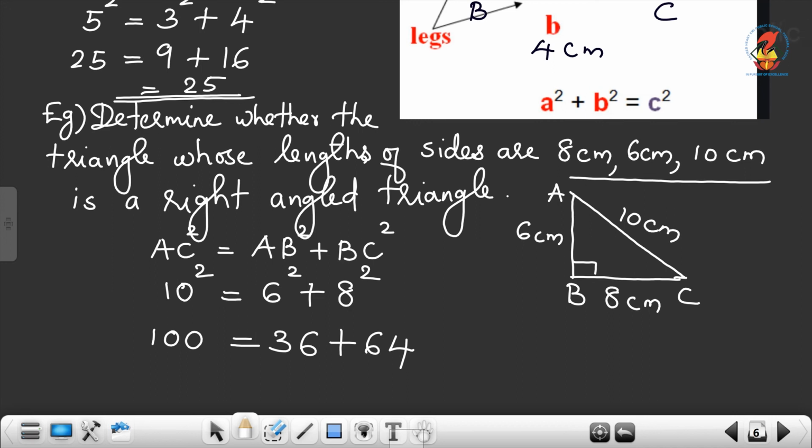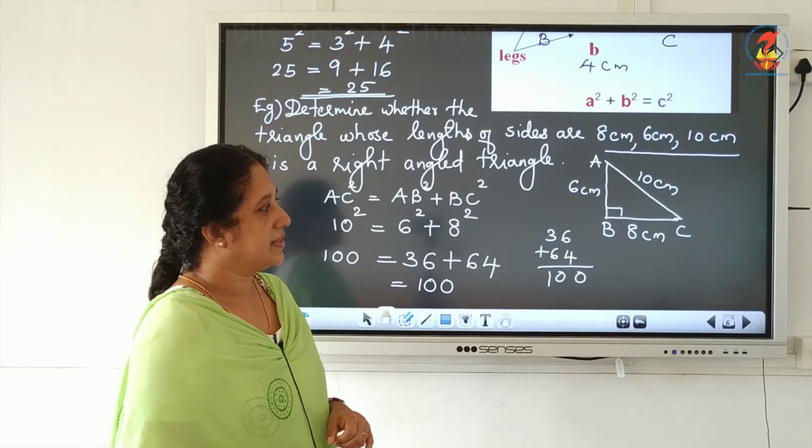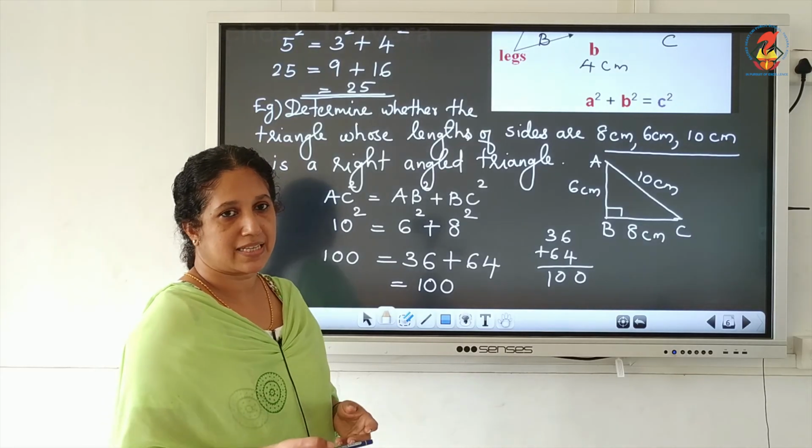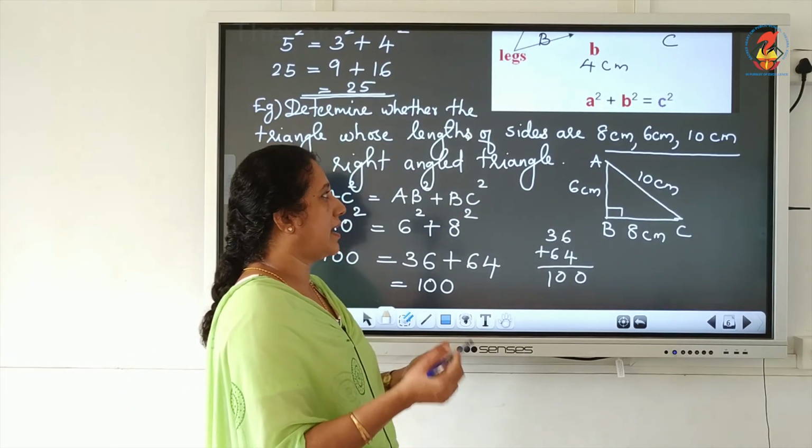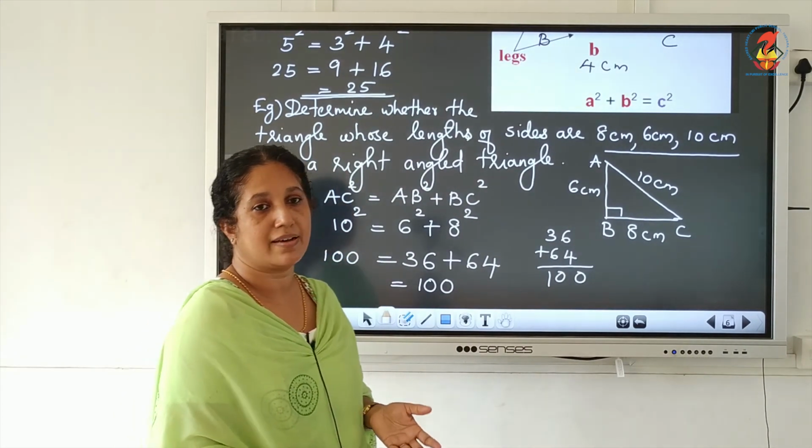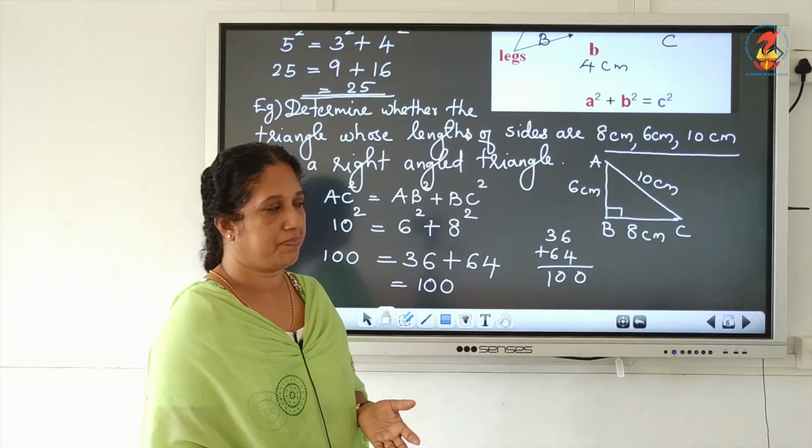Now we have to add 36 plus 64. We will get the sum as 100. So what can we say? 8 centimeter, 6 centimeter and 10 centimeter are the lengths of the sides of a right angle triangle.